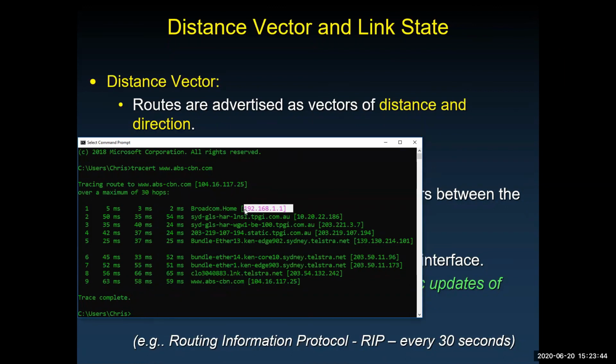Because this is a LAN, right? So where did I go? Sydney, TPG. Because my ISP is TPG. I'm paying $90 a month, no? I went to TPG. Okay? So, that's the next hop.